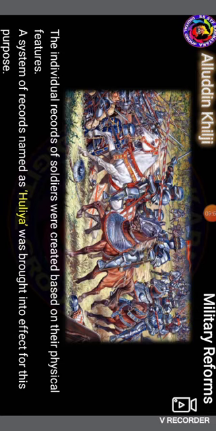Individual records of the soldiers were created based on their physical features. A system of records named Hulia was brought into effect for this purpose.